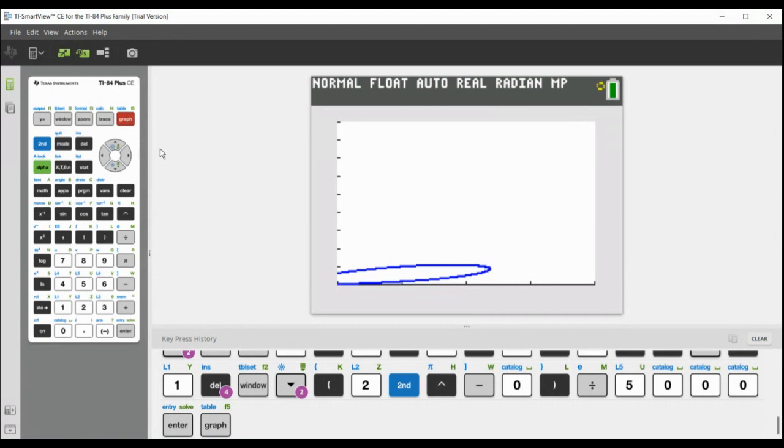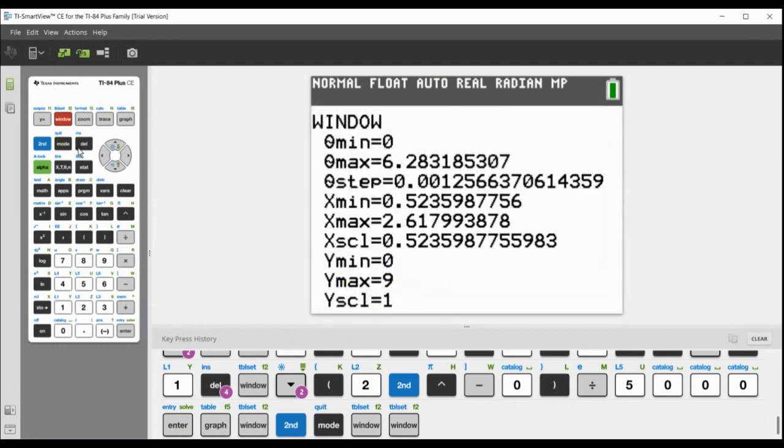Okay, and obviously that's not a good window, right? So I've got to go back to window. Second quit. I've got to wait for this to stop graphing, I guess. Hold on. So there we go. Not a very good window, right? All right, so here's the problem, the y min and the y max and the x min and the x max.